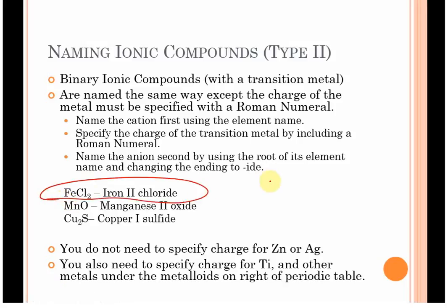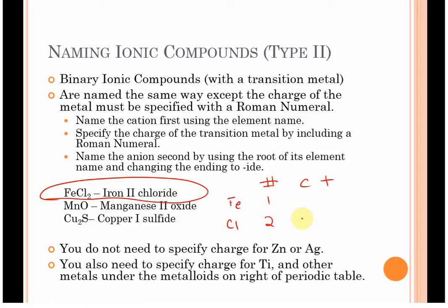Here, for example, iron 2 chloride. Number, charge, total. We have iron and chlorine. We only have one iron, but 2 chlorines in this compound. Let's say we didn't have the name. We were trying to name it.